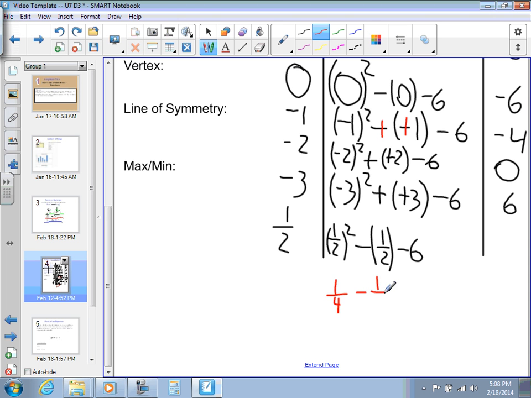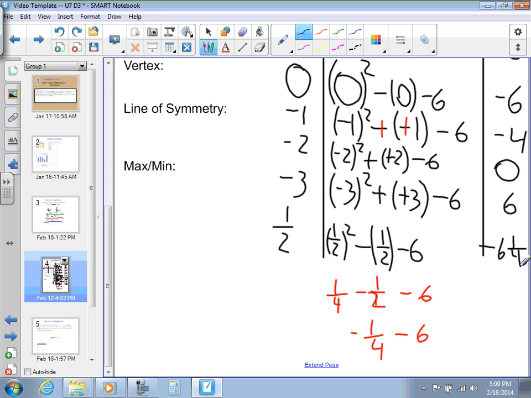Now I've got minus 1/2, and then minus 6. 1/4 minus 1/2 is going to give me negative 1/4, and then still minus 6. So this is going to give me negative 6 and 1/4.